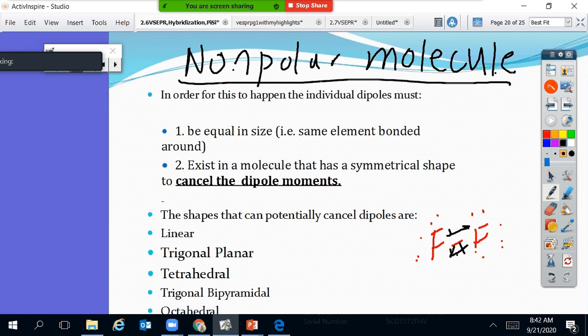Okay, trigonal planar, tetrahedral, trigonal bipyramidal, and octahedral. These shapes, as long as they have the same outside elements, can cancel the dipoles out. Remember trigonal planar, like that BF3, they are all evenly arranged, you can draw it and the dipoles will cancel each other out.